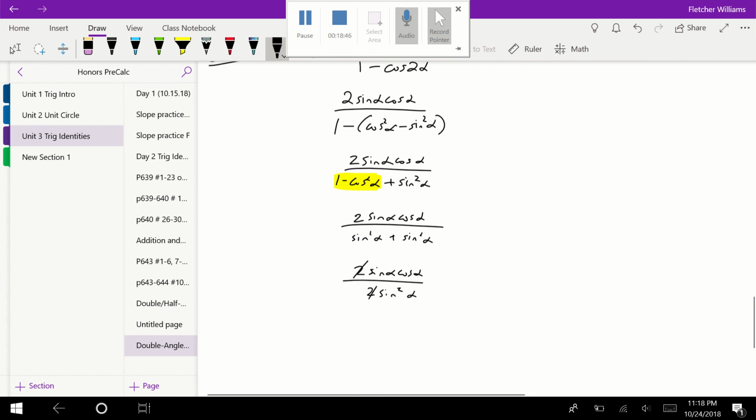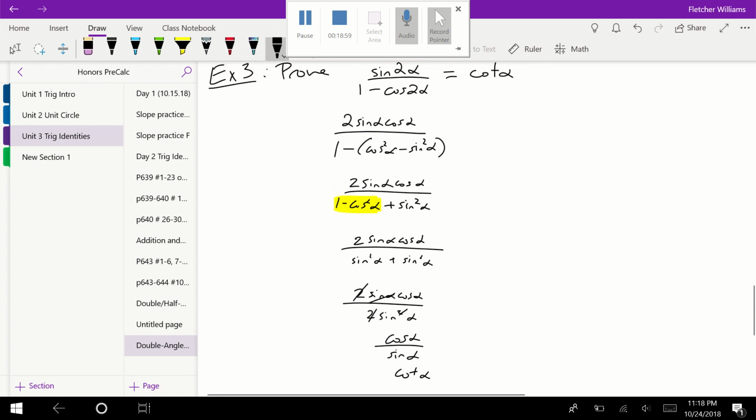You get your 2's to cancel, one of your sines on top, one on the bottom, cosine alpha over sine alpha, or just cotangent alpha. That's what we're trying to prove in the first place. So rejoice.